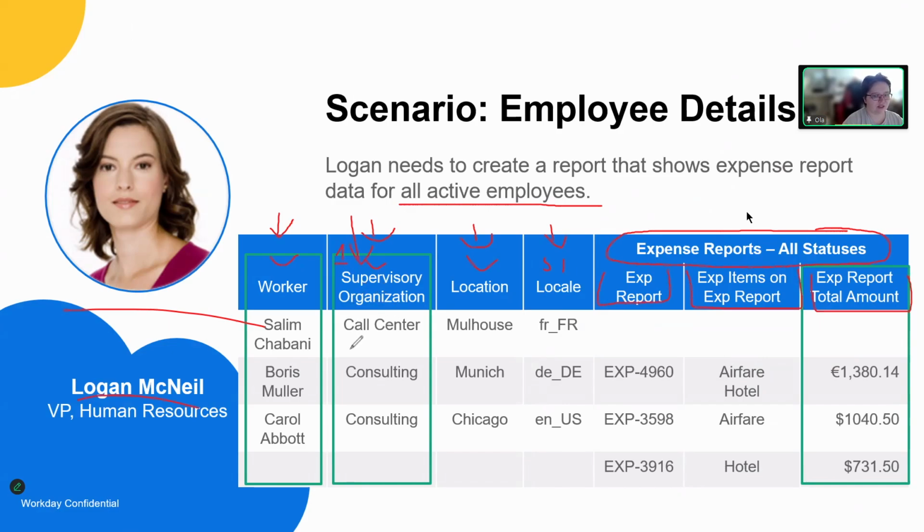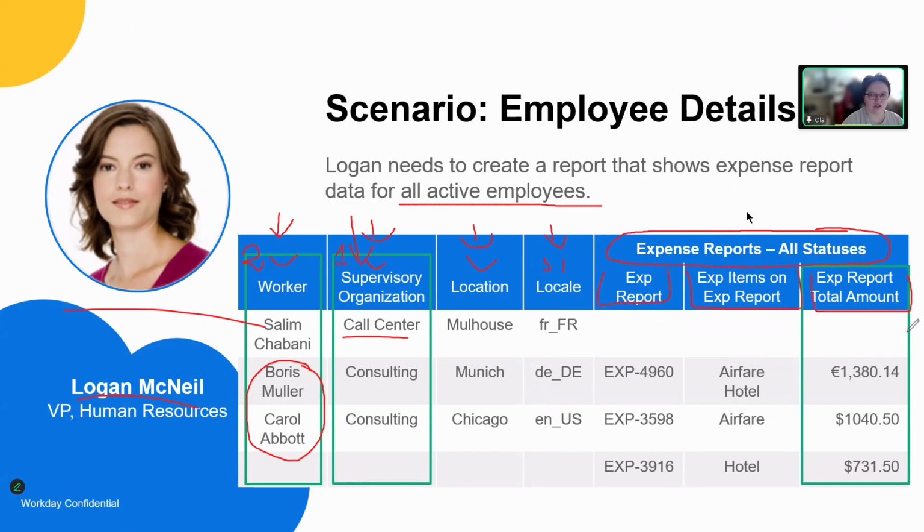And then once we have sorted out our supervisor organization, we want to sort out the people in those organizations. That's why Boris happens before Carol, but Salim is on top because he belongs to a different supervisor organization that happens to be before consulting. So this is going to be our first level of sorting, supervisor organization, and this is going to be our second level of sorting.